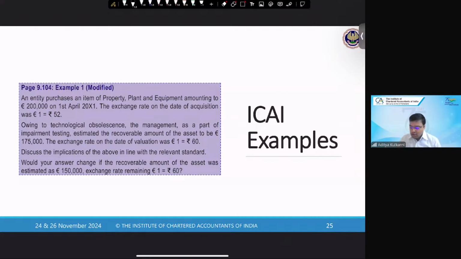Owing to technological obsolescence, the management, as a part of impairment testing, determined the estimated recoverable amount of the asset to be 175,000 euros. The exchange rate on the date of valuation was 1 euro equals 60 rupees. Discuss the implications of the above in line with the relevant standard.